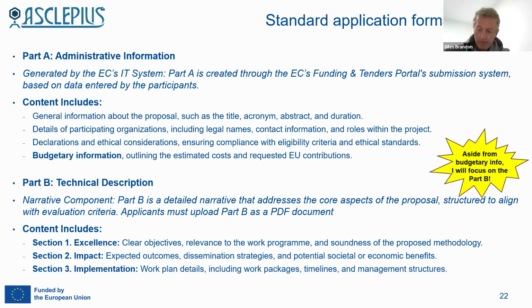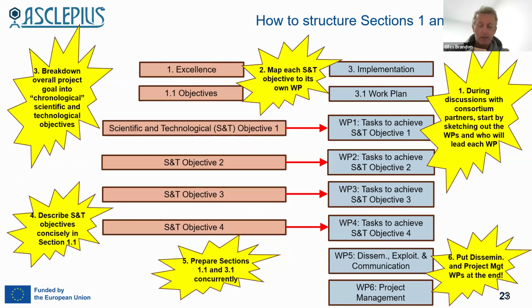But in this next slide, this rather overwhelming slide with lots of stars and color, what I want to do with this slide and the next one is to explain how I feel the part B, the technical proposal, should be structured on a high level. I want to explain how I think there should be a relationship between section 1, excellence, and section 3, implementation.